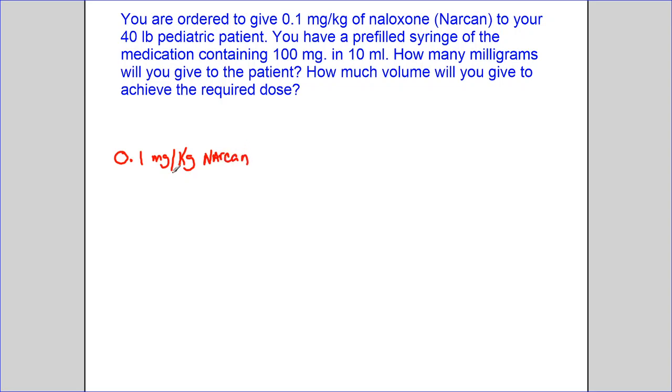We have a 40-pound patient. What do we have to do here? We've got to convert this to kilograms. How do we do it? We're going to take 40 pounds and divide by 2.2.